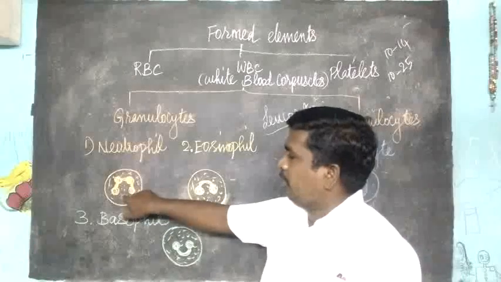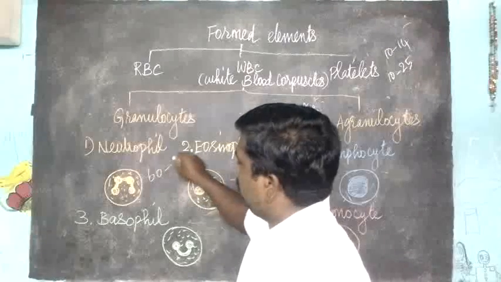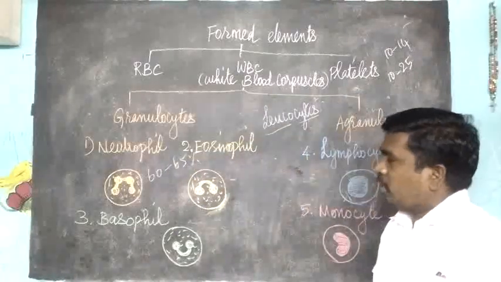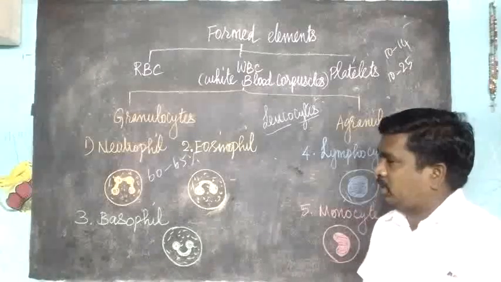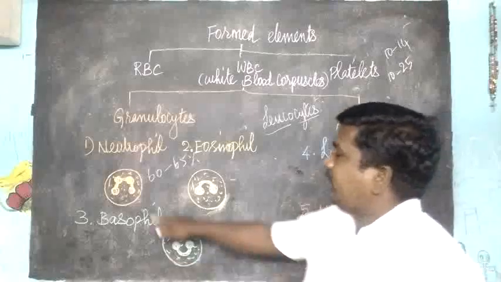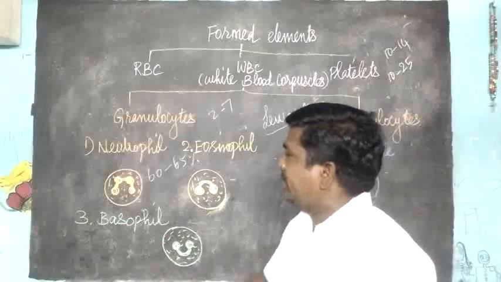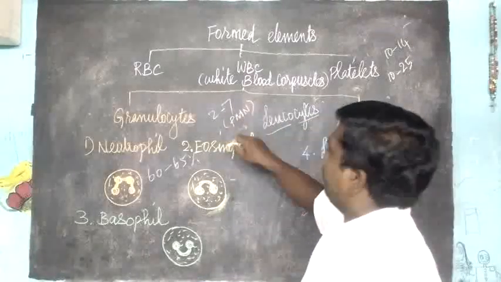First one, neutrophil: the total count is 60 to 65% of total WBC cells. These cells contain 2 to 7 lobes of nucleus. That's why it is also called PMN.